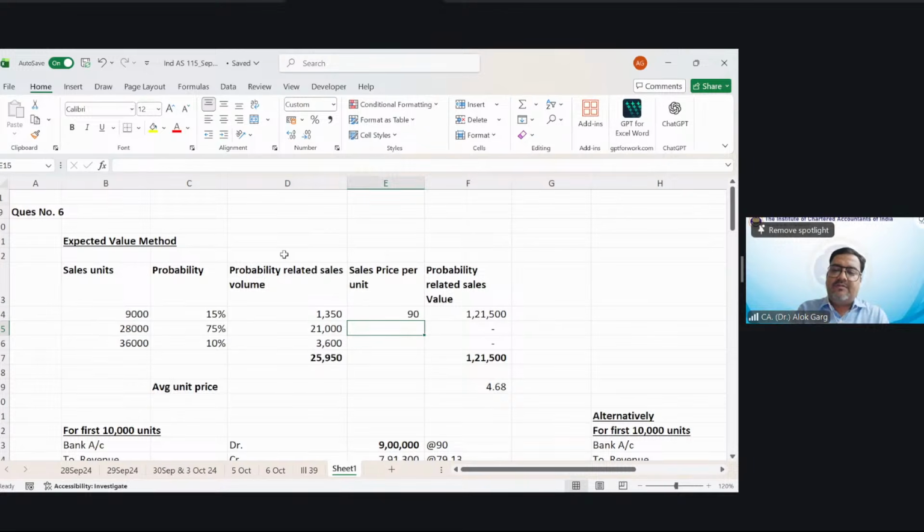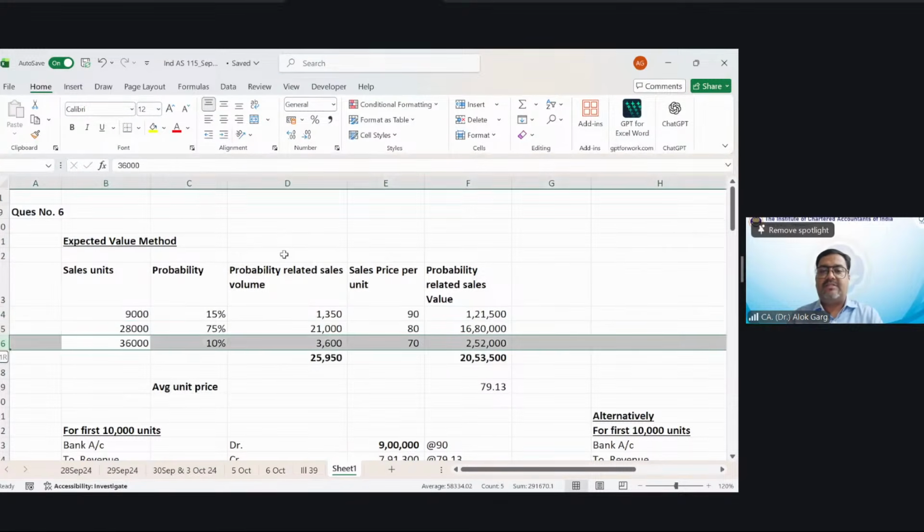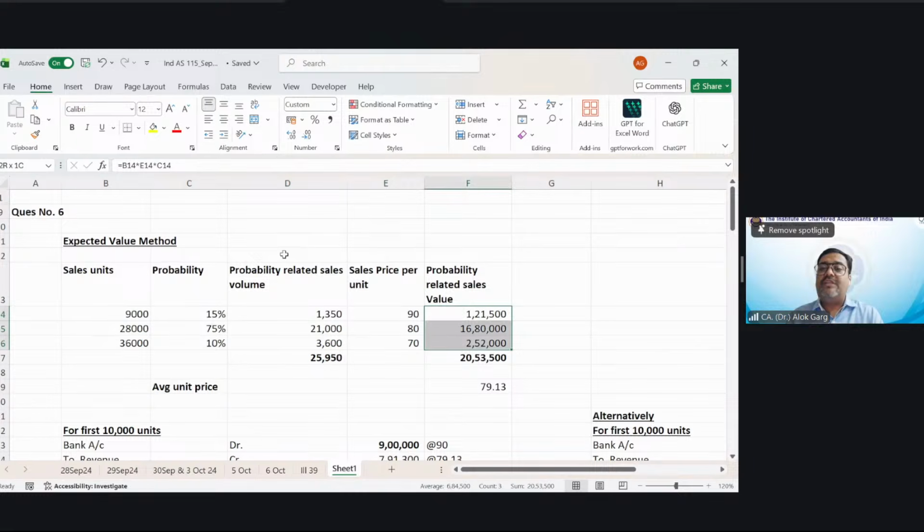For 10,000 to 35,000, 80 rupees, right? If my sales unit is 36,000, what will be the applicable price? 70, right? So on this sales unit the applicable price is 90, on this 80, on this 70. So what is my probability related sales value?